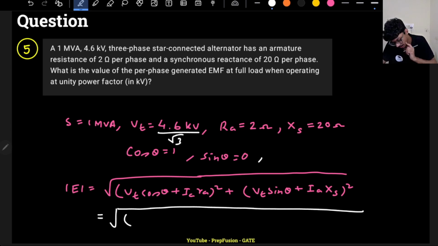Sorry about that. And what will be the Ia rated? Ia rated will be basically S, 1 MVA, divided by root 3 into line voltage, that is 4.6 kilo, right?